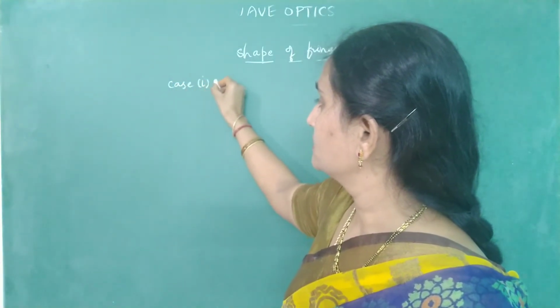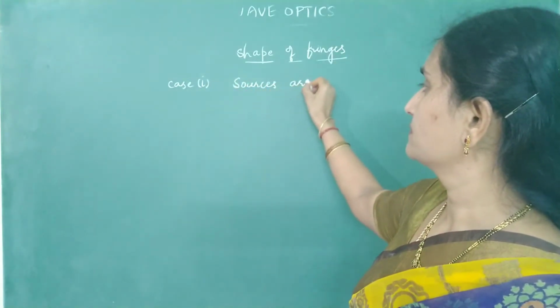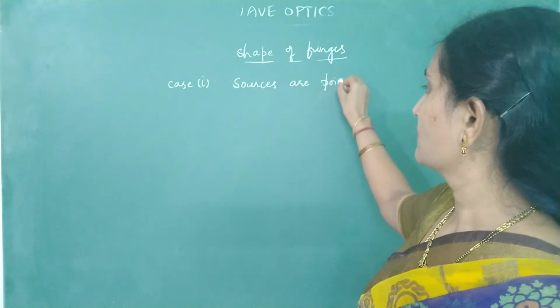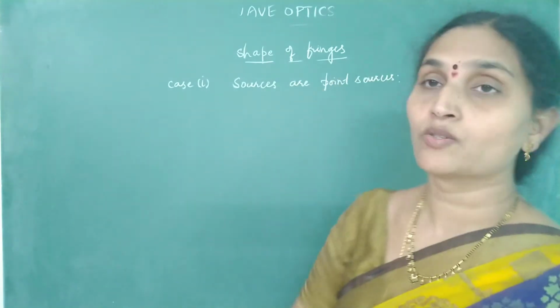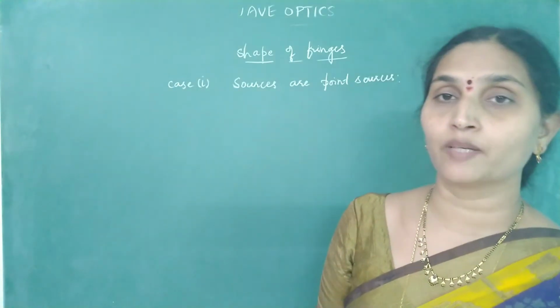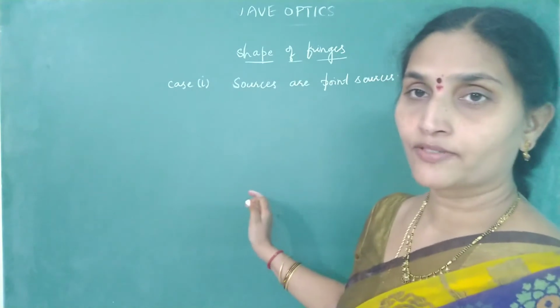Case 1. When the two sources are point sources. The coherent sources we are using in Young's double slit experiment, if they are point sources of light, then what will be the shape of fringes?